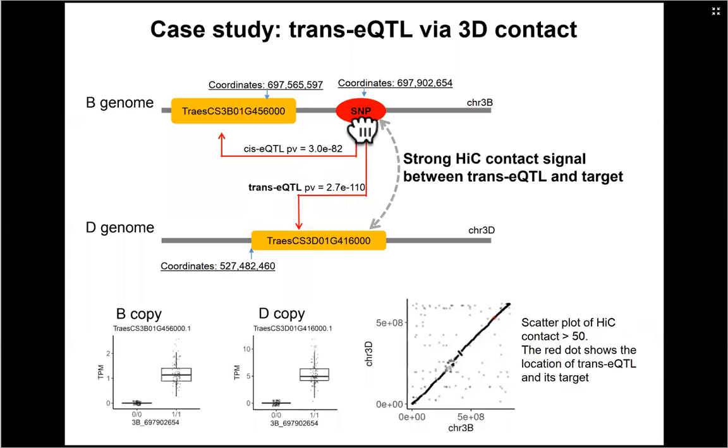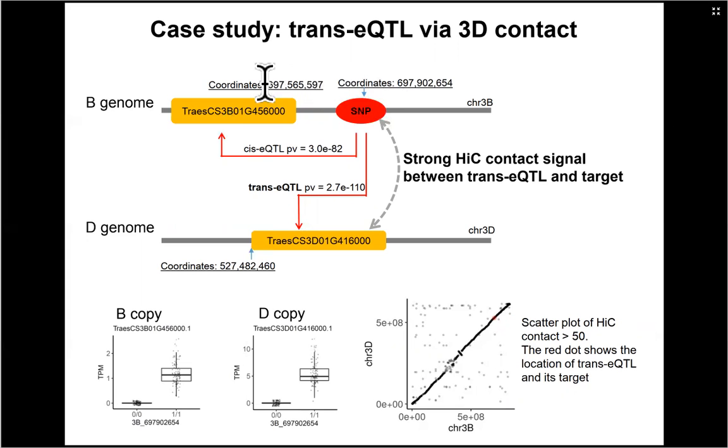Here's an example showing how the trans effect is in fact a cis effect via 3D contact. Those are the two copies of the same gene located on two different subgenomes. The SNP highlighted here in red color is an eQTL for both copies of the gene.